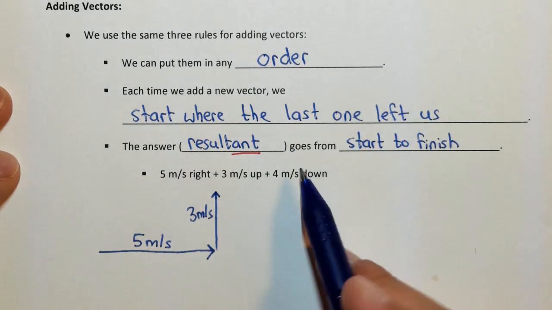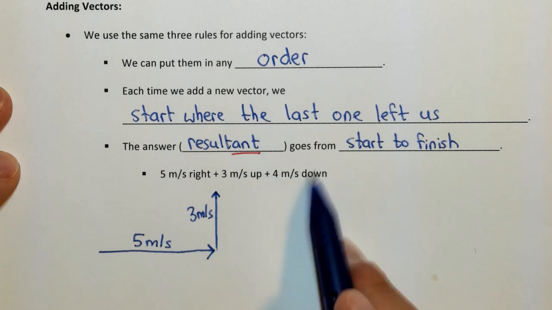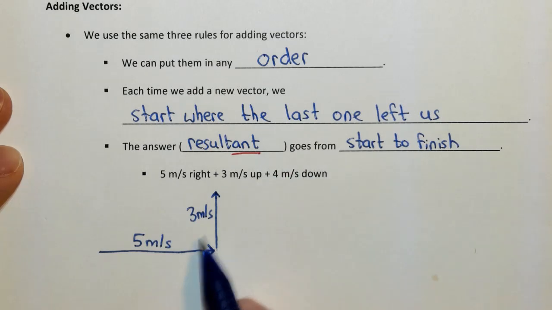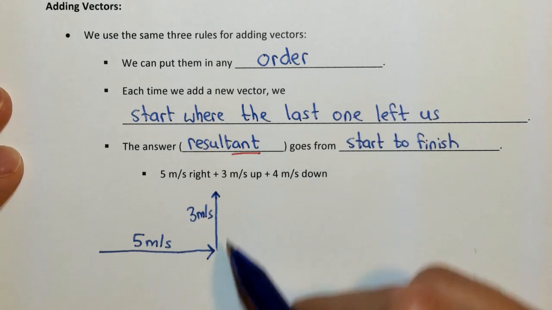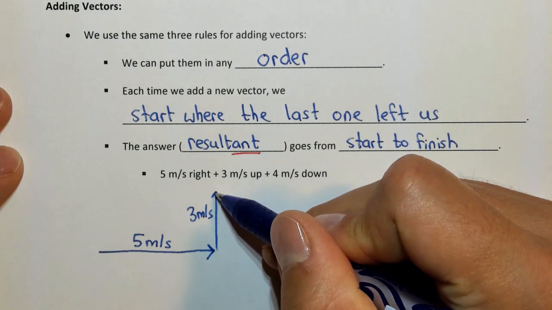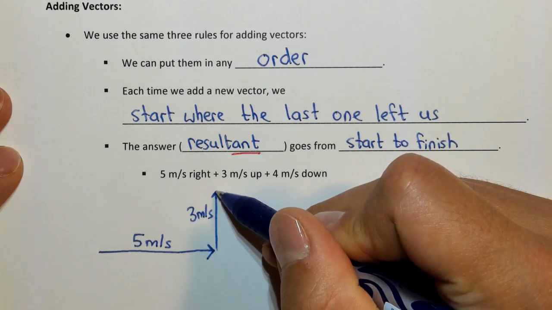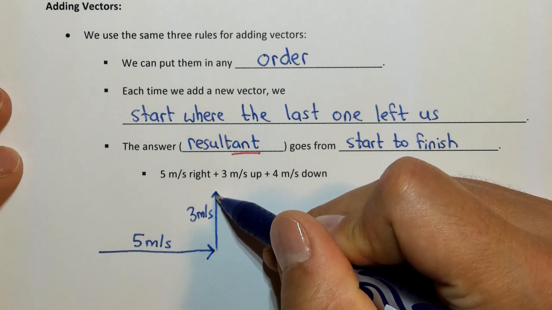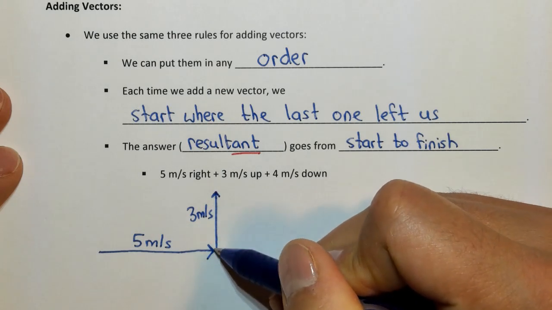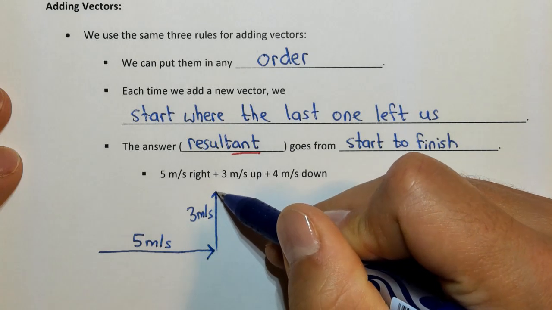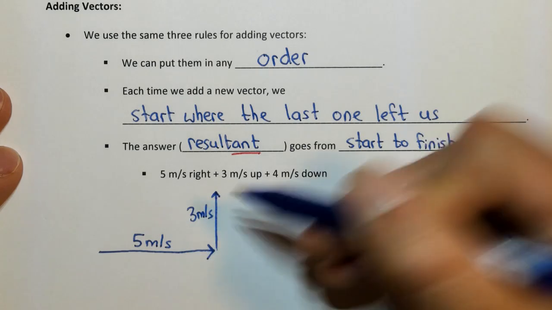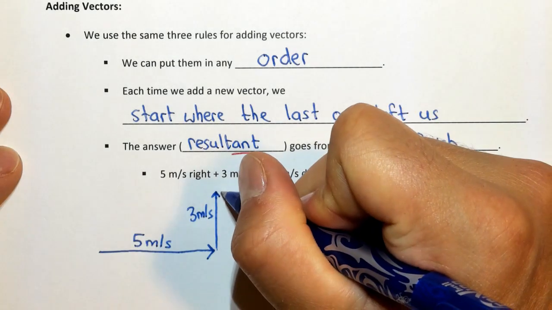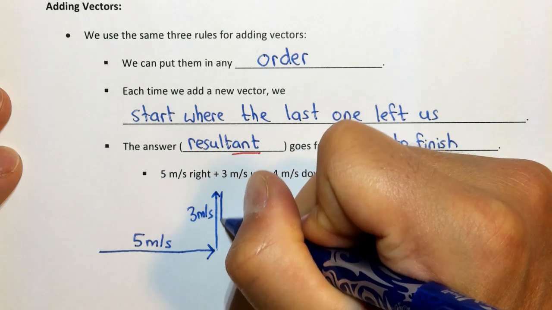And then my final vector, 4 meters per second down, where do I put that? Again, I start where the last one left me, which is up here. Now, instead of drawing this exactly starting where this one left me, because that would have me basically retracing the exact same arrow, I'm going to draw it just a little over to the side, just so that it's easier for people to see that there is a new vector here.